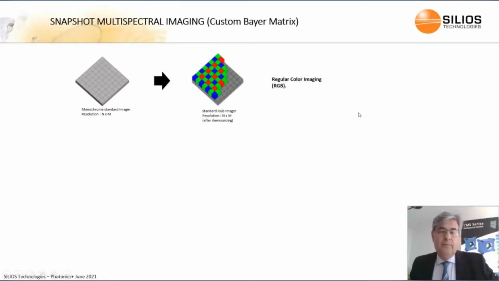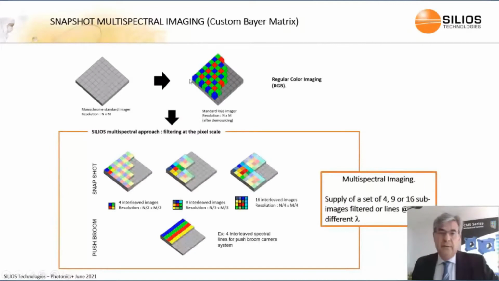So this technology, we applied it to multispectral imaging. That is to say, we can replace the standard Bayer matrix or RGB by any custom matrix, like 2x2, 3x3, 4x4, random lines, with, of course, lambda 1, lambda 2, lambda 3, whatever the wavelengths.